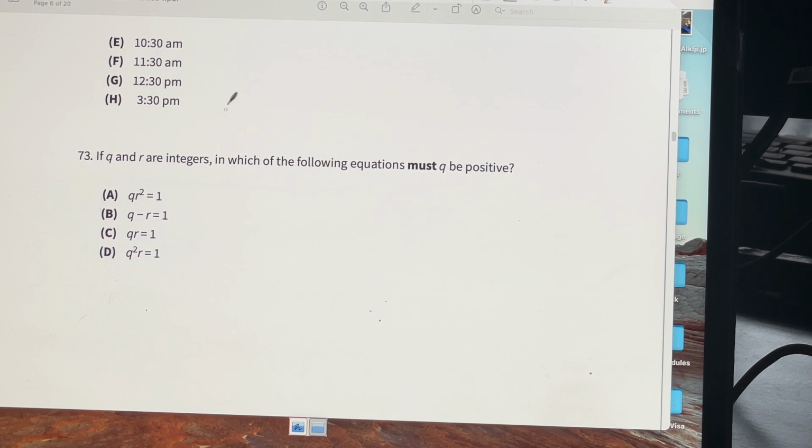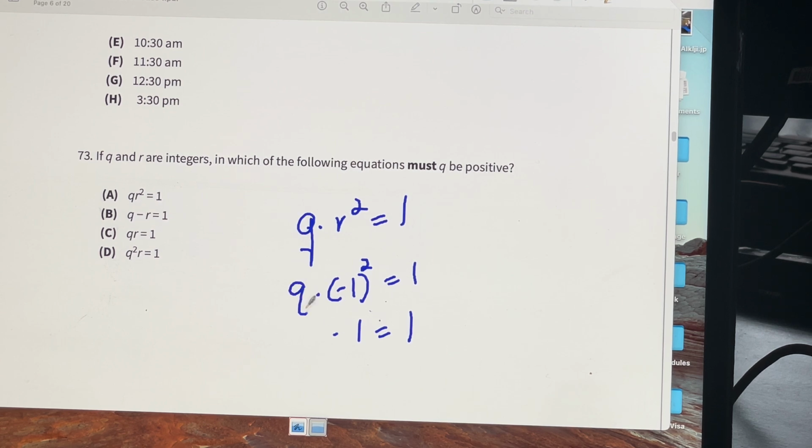All right, let's try it. Let's go to A. Let's work it out. If R is negative, right, we're going to get 1 positive, and Q, in order for this to be true, has to be positive.